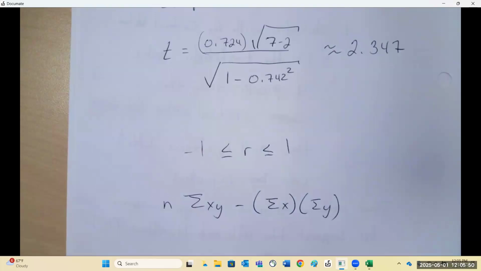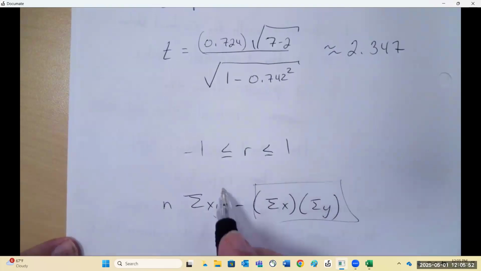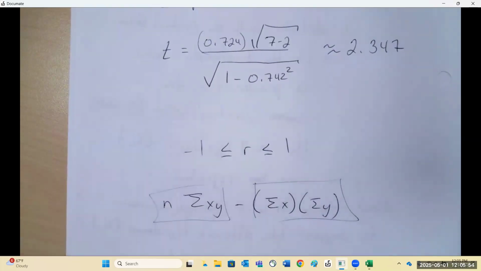Can that ever be negative? Yeah. If this is bigger than this, it's going to be negative. And that's a possibility. Which is why in the decision criteria, we take the absolute value. We don't care about the sign. We just say which end it's going to be, it doesn't matter. We compare it to the table value.